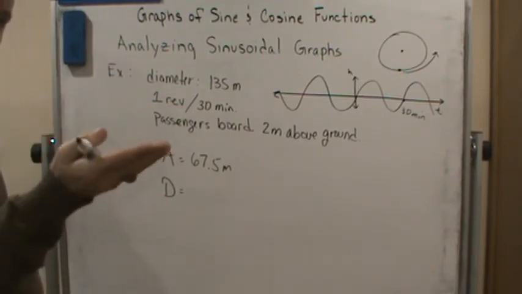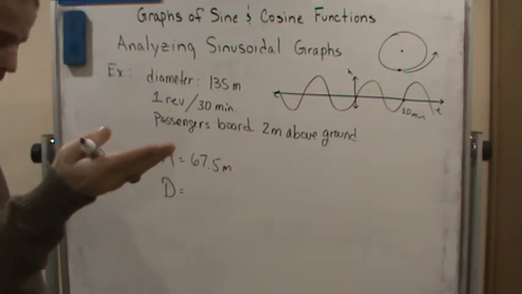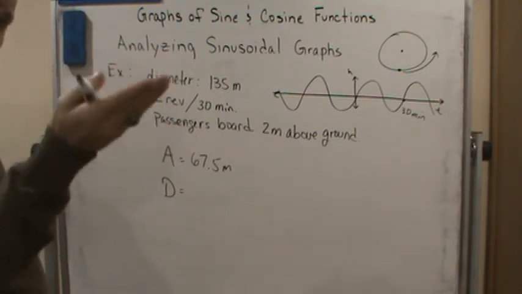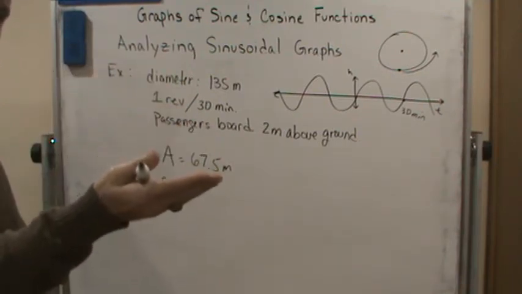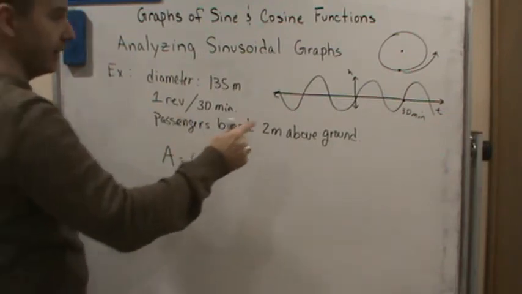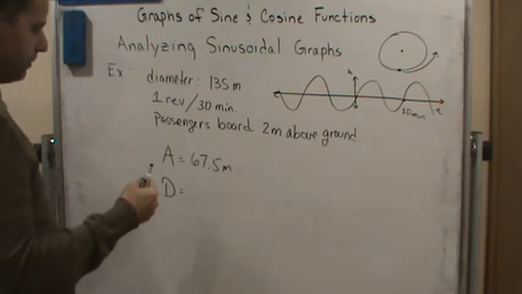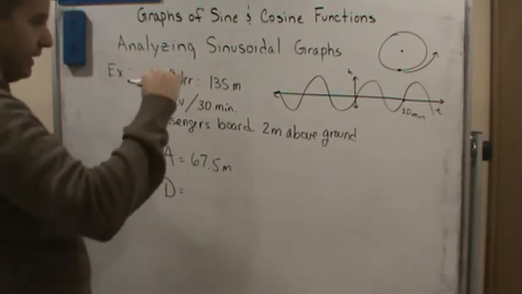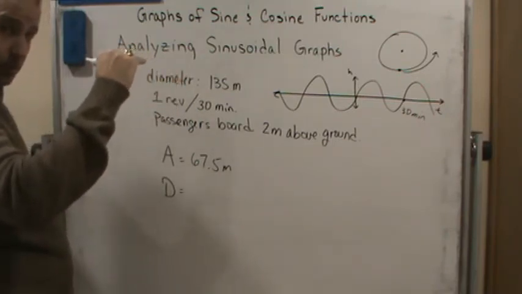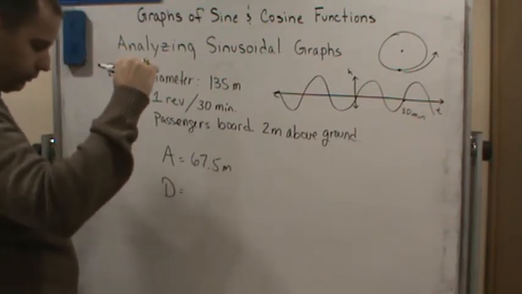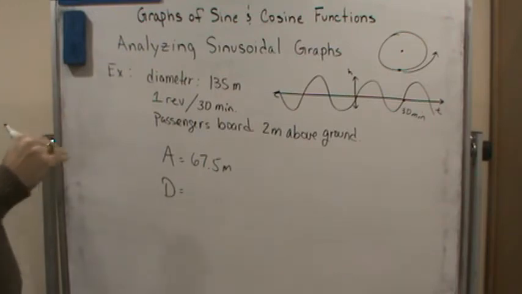The people are getting on a platform that's already 2 meters above the ground. So again, this is the height of the passengers. Whatever the midline is, that's where the center of the Ferris wheel is located. That's going to tell us our shift.